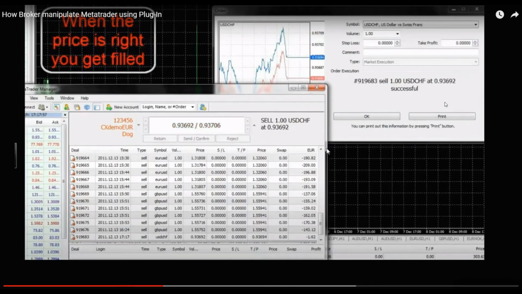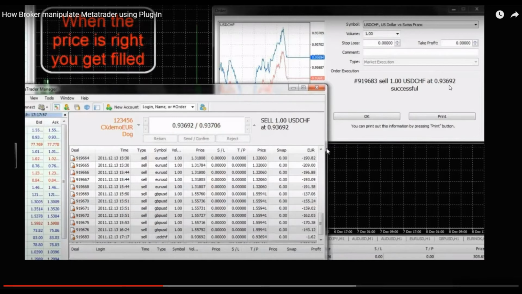And look at this. Now that person initially put that order through at 0.93698. A lot of times, guys, when we're placing trades, we don't even pay attention to this right here. We automatically assume that it is basically where price was when we hit the button.